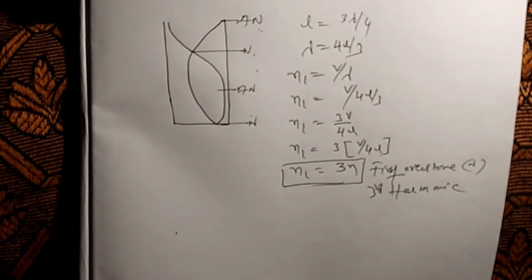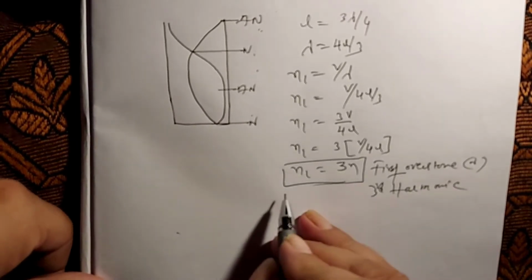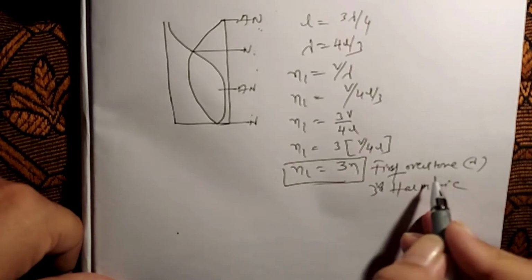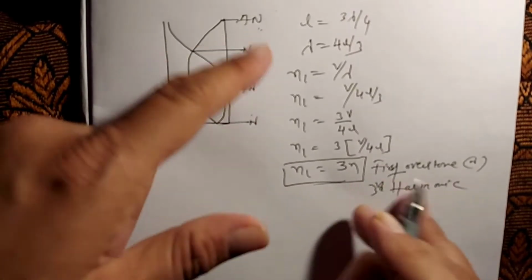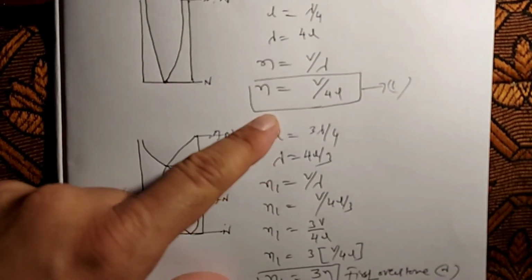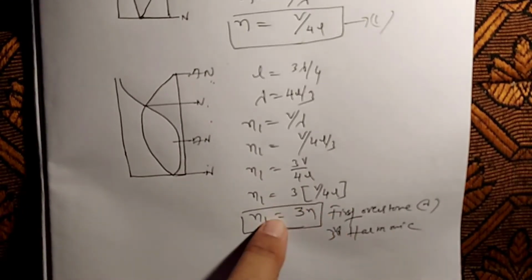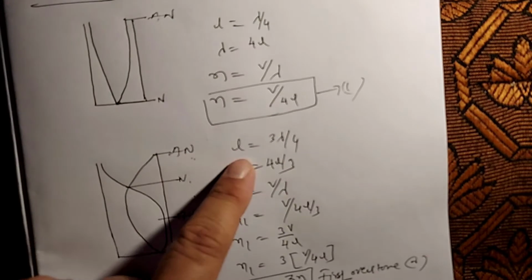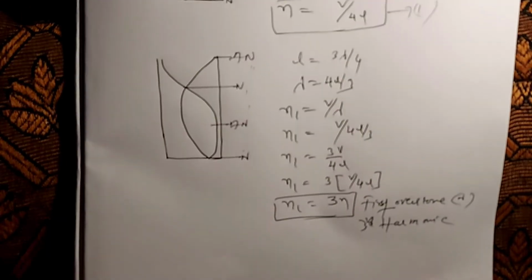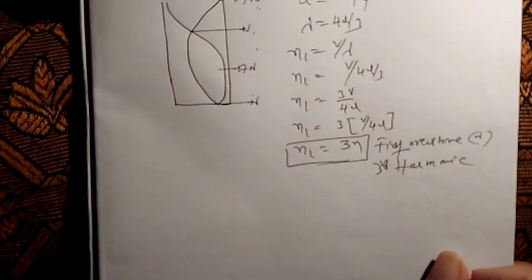It is not formed in a closed pipe. So this is the first overtone. First overtone means the first highest frequency that comes after the fundamental frequency. That you have to remember.